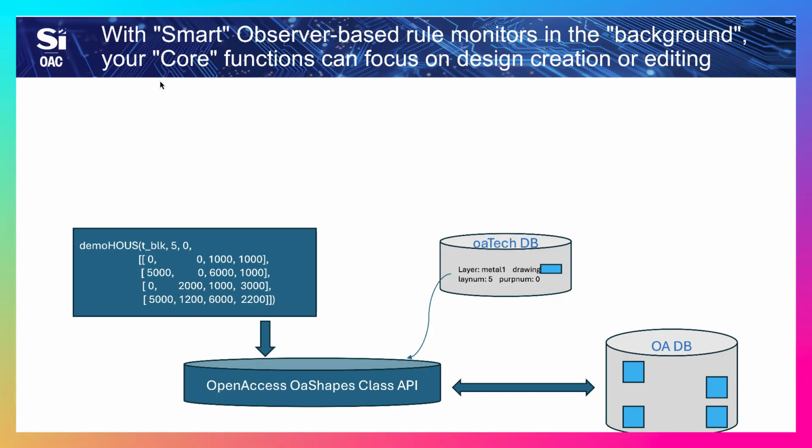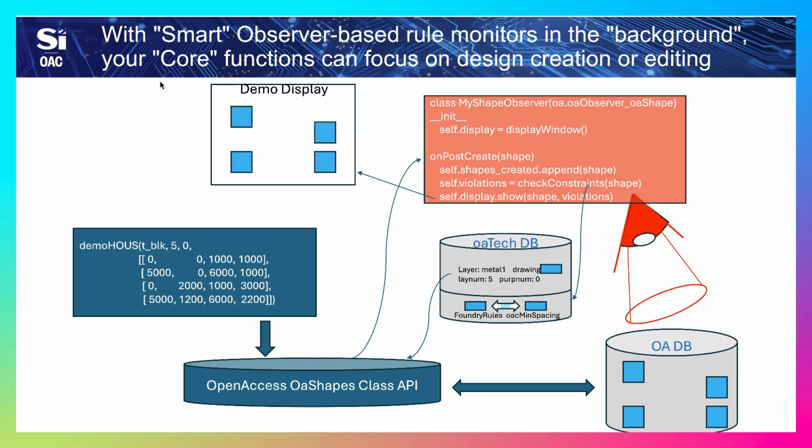So we've seen that by combining oaObserver, constraint, and tech objects to run smart monitors in the background of our user application, our core function can focus on layout while at the same time our shape observer checks for compliance with our Foundry technology.